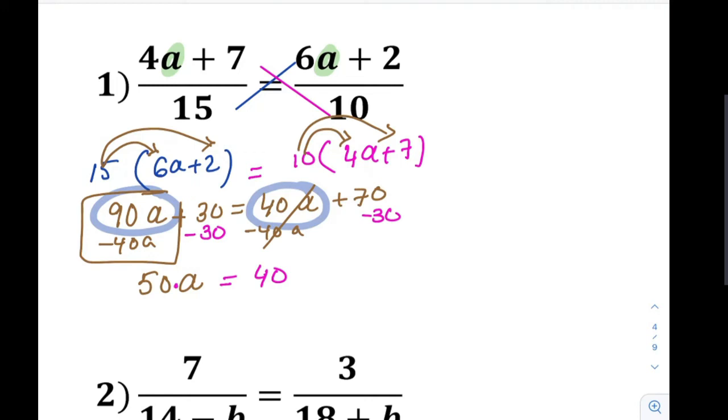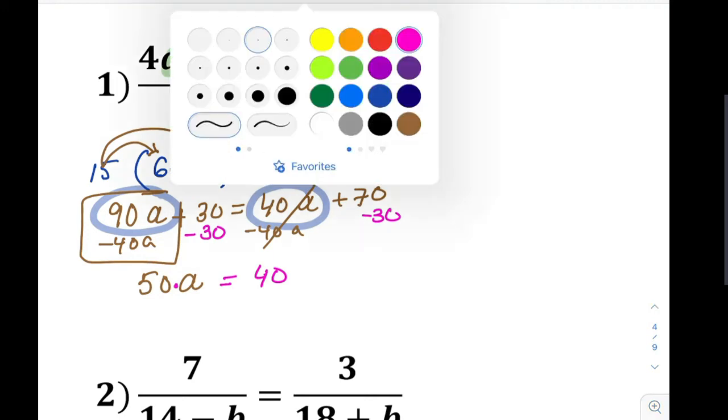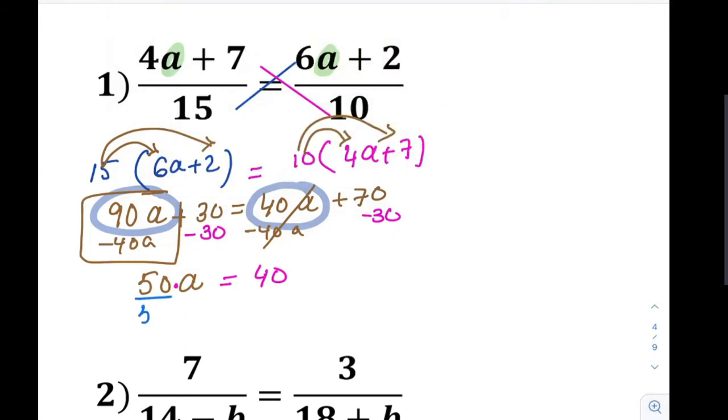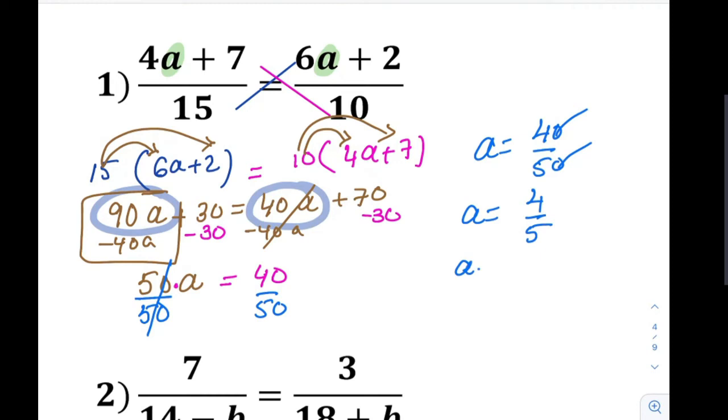The inverse of multiplication is division. So I will divide both sides by 50. And a is 40 over 50. Simplify by dividing by 10. Cancel the zeros. So a is 4 over 5, or in decimal it is 0.8.